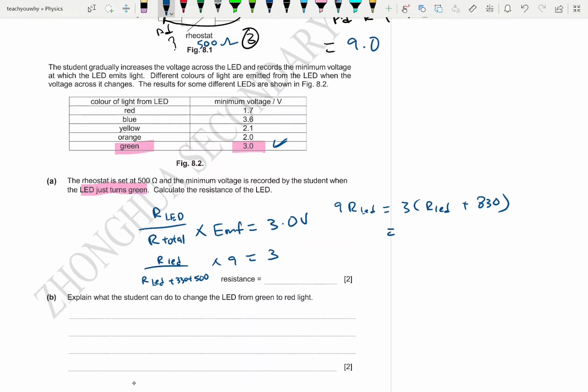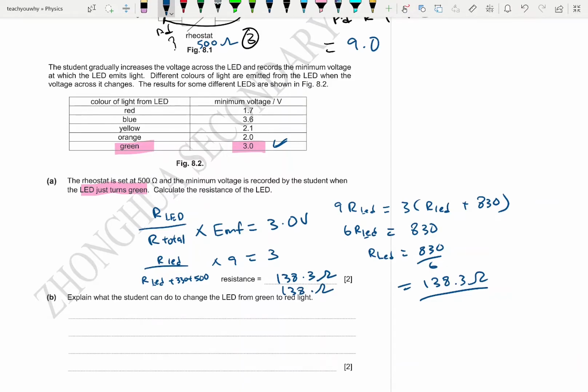So let's do some basic math. We have 6 RLED equals 830. So RLED is equal to 830 divided by 6, which is 138.3 ohms, so about 138 ohms.